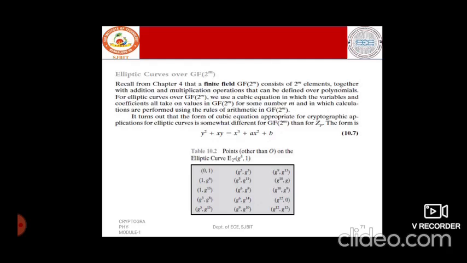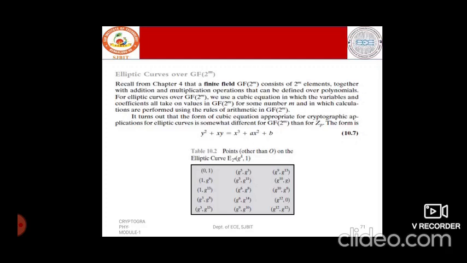It turns out that the form of cubic equation appropriate for cryptographic applications for elliptic curves is somewhat different for GF(2 power m) than for Zp, and the form is y square plus xy is equal to x cube plus ax square plus b.